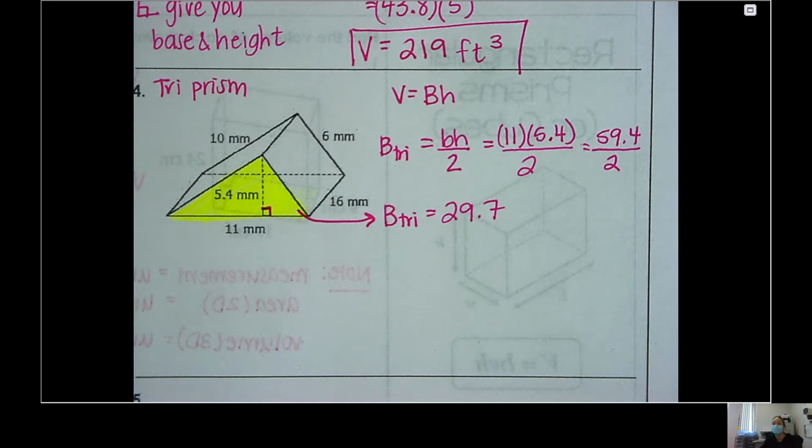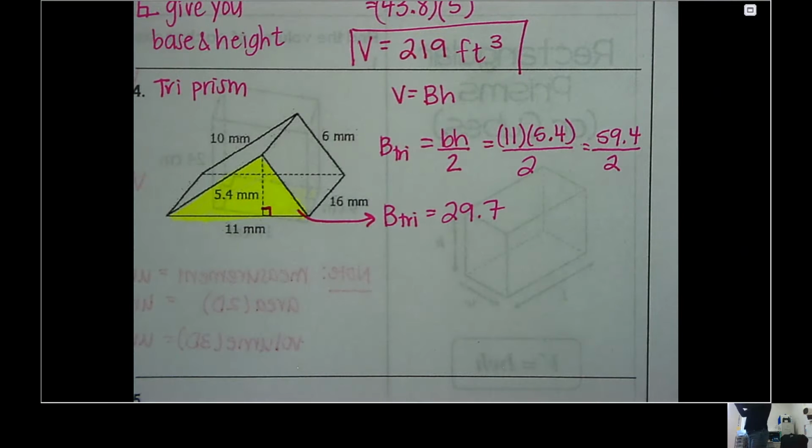Anyone else agree or disagree? We all agree? Are we all not sure? Not sure? Okay, so everybody look up here, look at me. Here's your prism, right? You can all see me. Now, in the last problem, top and bottom were here, and your height was the one that connected the two triangles together.